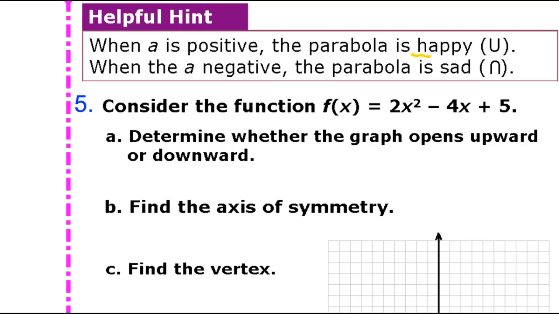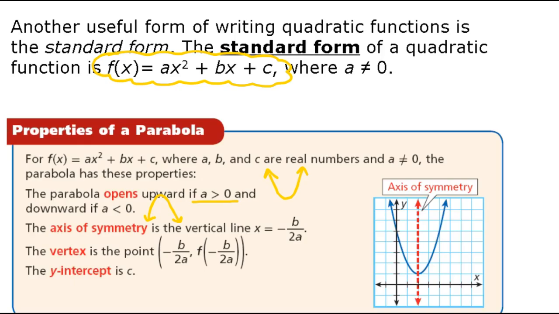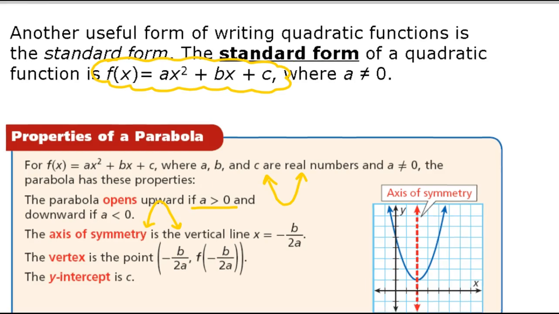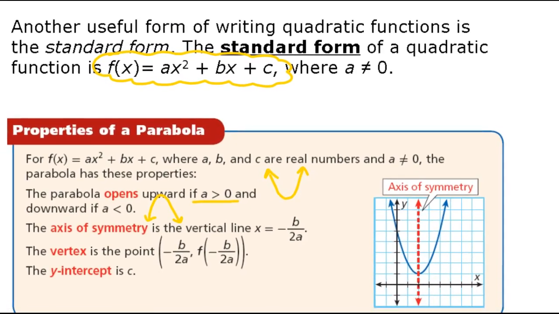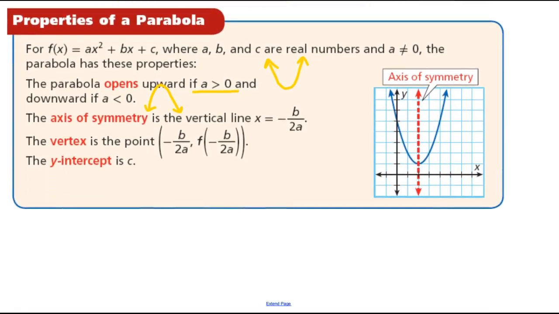So yeah, happy when A is positive, sad when A is negative. Okay, back to what we were doing here. The vertex, we already kind of talked about this, and I think this confuses some people when it's written this way.